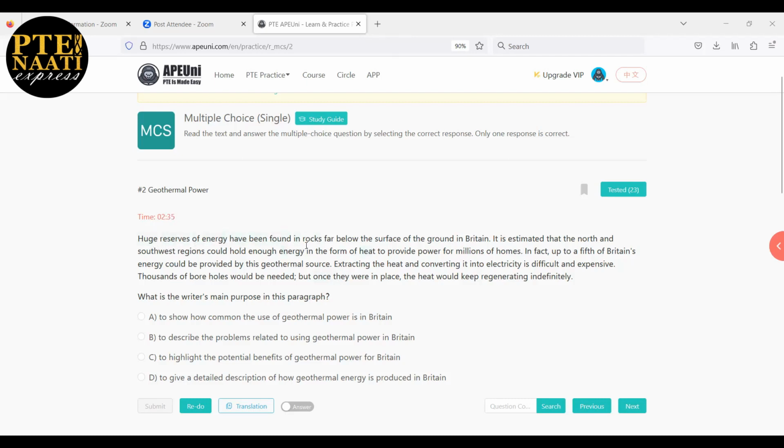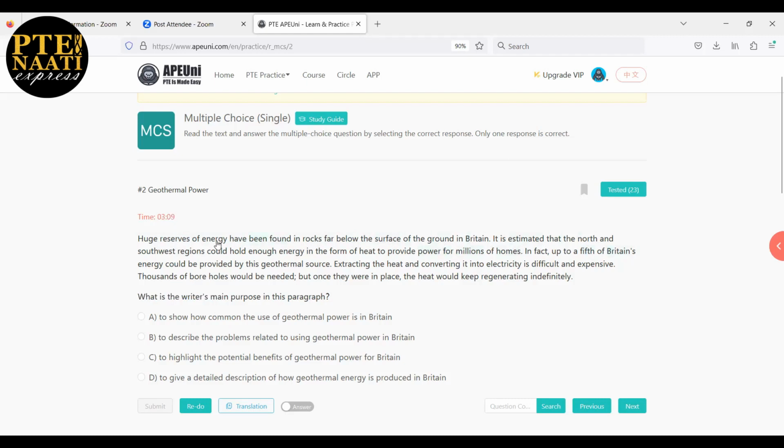Huge reserves of energy have been found in rocks. You need to quickly read the question. What is the writer's main purpose in this paragraph? So it is asking the writer's main purpose. So quickly you need to go to the answer: to show how common the use of geothermal power is in Britain. Common. Actually, you need to quickly scan for the word common. Huge reserves of energy have been found in rocks below the surface.